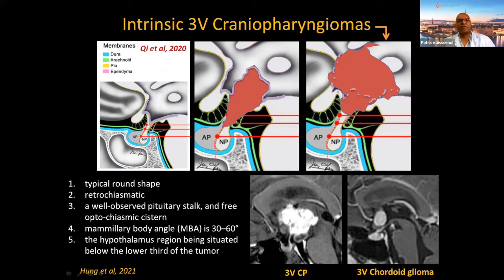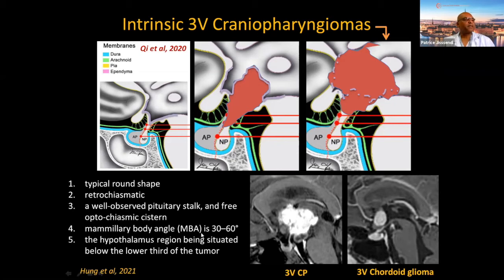You can see clearly the pituitary stalk, and the optochiasmatic cistern is free. And there is a displacement of the mammillary body. The hypothalamus region is situated below the lower third of the tumor. When you have all these characteristics, you can make sure that you're dealing with a third ventricular craniopharyngioma.